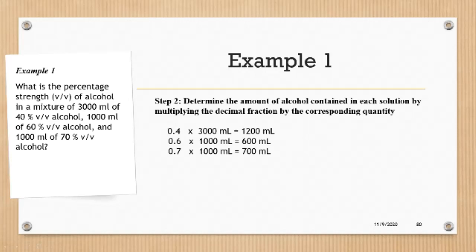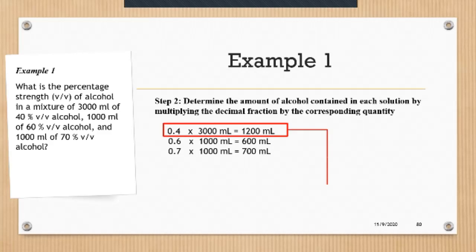So here I'm just saying that I have 1,200 mils of pure alcohol in my 3,000 mil solution. Good. And in my 60% 1,000 ml solution, I have a total of 600 mils of pure alcohol. Similarly, for my 1,000 ml of 70% alcohol, I have 700 mils of pure alcohol in that solution.